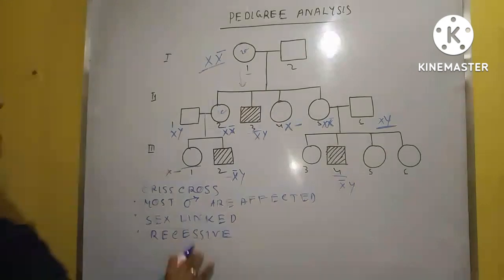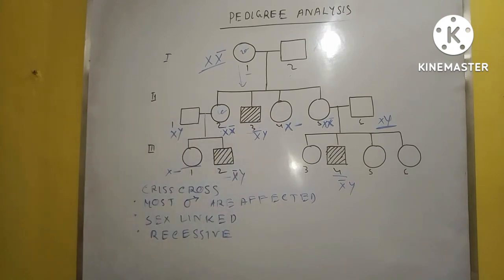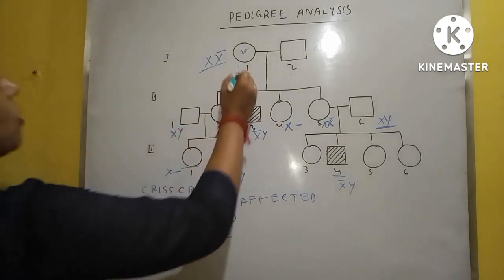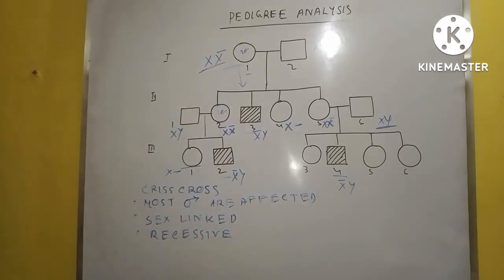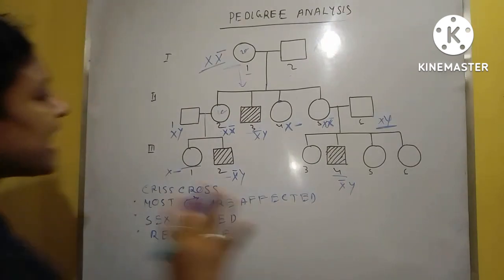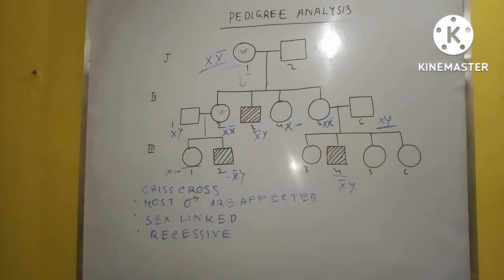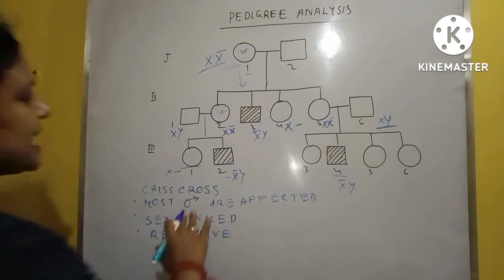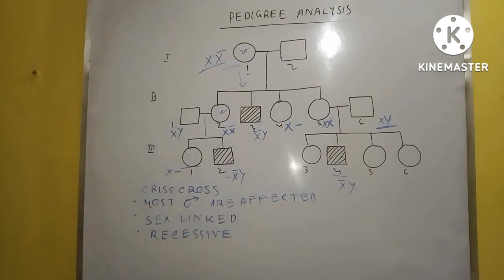You can say recessive because there is obviously a carrier present. If the mother is not a carrier, then a diseased female is not seen here. That's why it is recessive, because a carrier female is seen in case of sex-linked recessive genes. Clear? So this is the sex-linked recessive pedigree analysis we learned today.